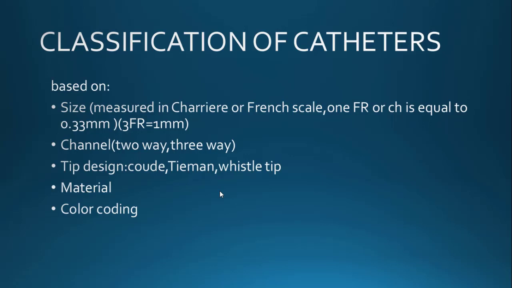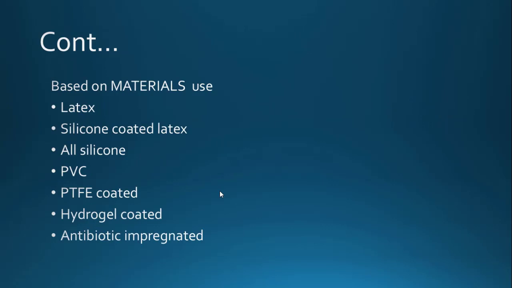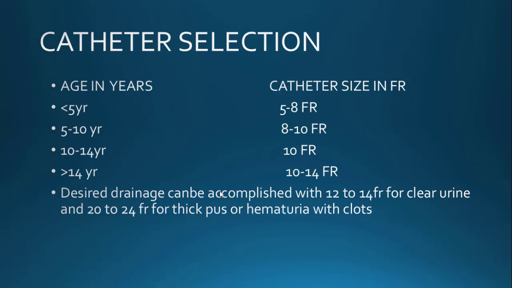On the basis of tip design, they could be Coude, diamond, and whistle tip. On the basis of materials, the materials used are latex, silicone-coated latex, all silicone, and PVC, PTFE coated, hydrogel coated, and antibiotic impregnated materials are used.